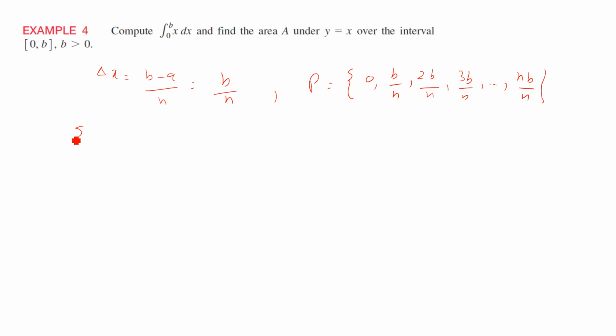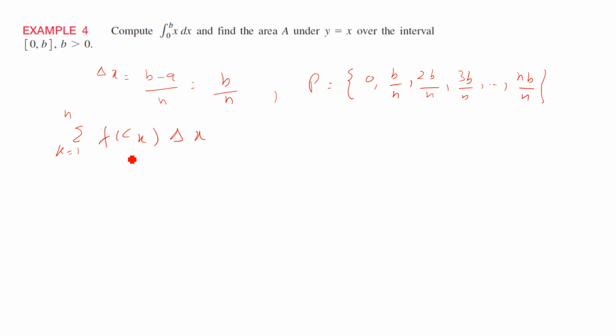First we'll find the sum and then we'll take the limit, in order to find the integral. That is, the sum of f(ck) delta x.